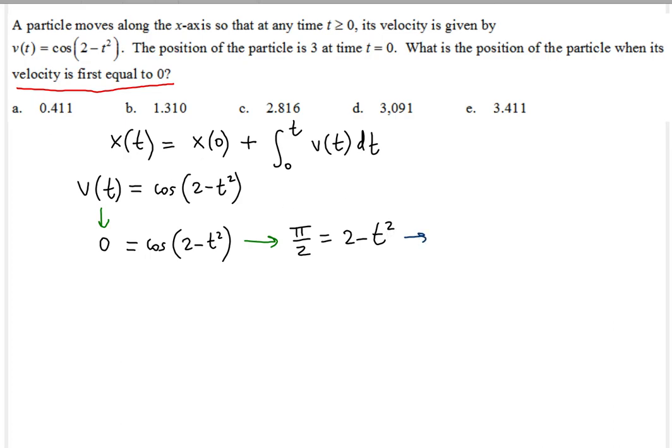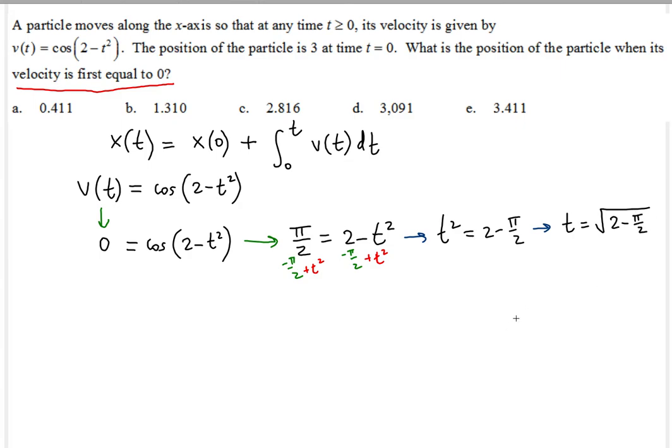If you subtract pi over 2 on both sides and add t squared on both sides, t squared would be 2 minus pi over 2. And we use the positive t version only because time is counted forward. So the t value is the positive square root of 2 minus pi over 2.